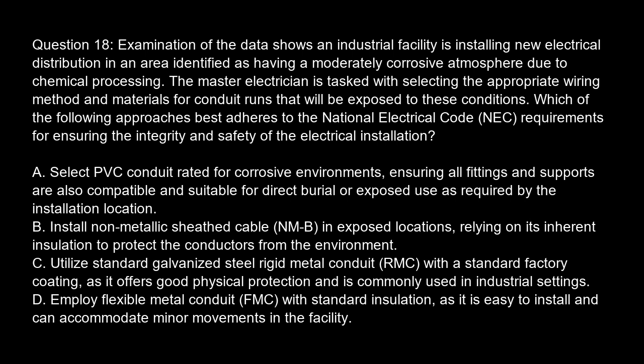Option C. Utilize standard galvanized steel rigid metal conduit, RMC, with a standard factory coating, as it offers good physical protection and is commonly used in industrial settings. Option D. Employ flexible metal conduit, FMC, with standard insulation, as it is easy to install and can accommodate minor movements in the facility.